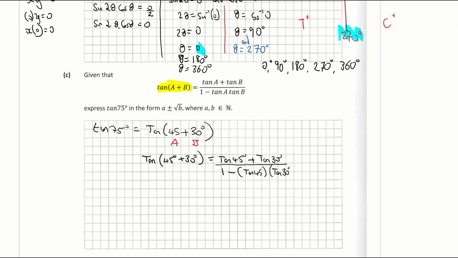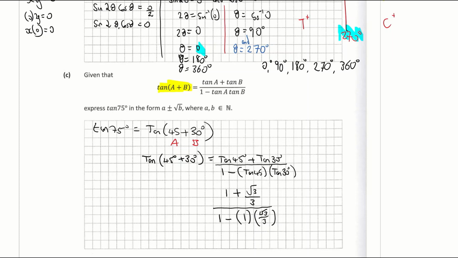From page 13 in my log tables, tan 45 degrees is 1. Tan of 30 degrees is root 3 over 3. That's now all divided by 1 minus tan of 45, which again from the log tables is 1, times tan 30, which is root 3 over 3.